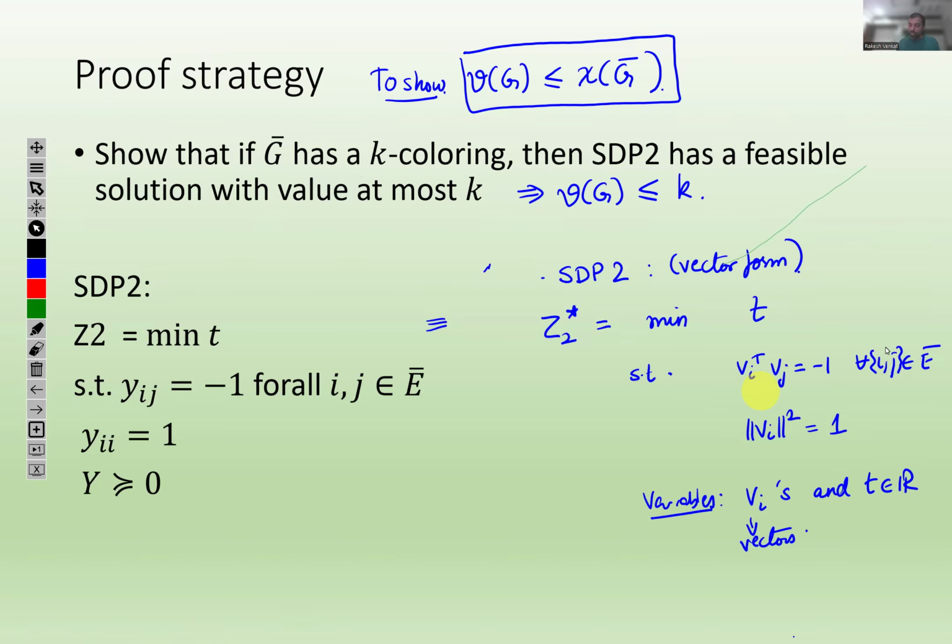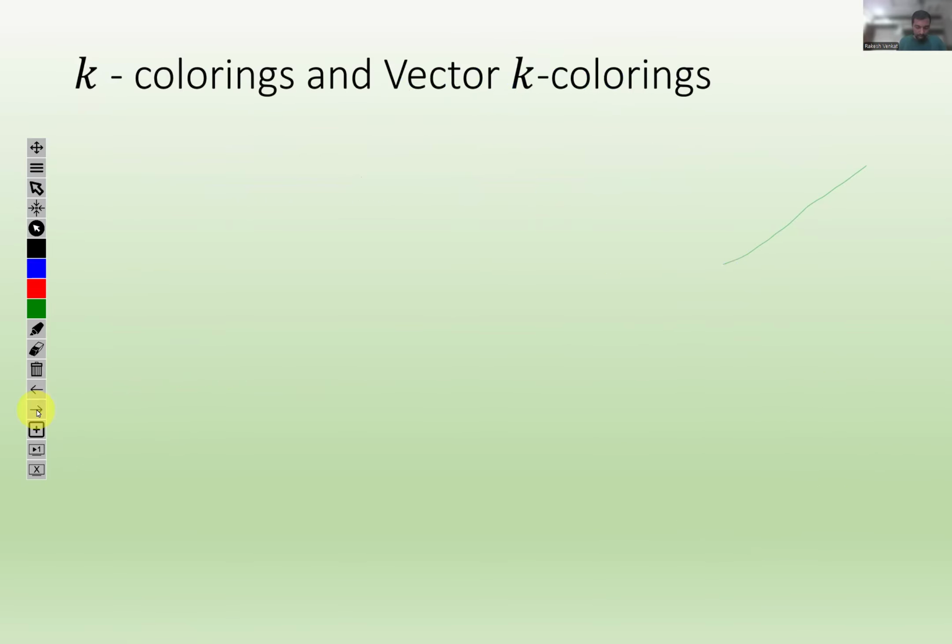Now, if you look at this, it says that there are vectors such that Vi transpose Vj is -1 in the complement. So can I somehow get colorings into this? Colorings are an edge-based criterion, and this is also an edge-based criterion. So how do we relate this to colorings?